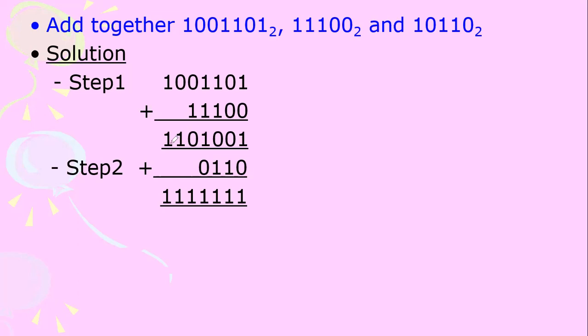So after you have gotten in step 1, 1, 1, 0, 1, 0, 0, 1, we add it to 0, 1, 1, 0, 0, 1, 1, 0, 1. When you add that value, then what do we get?